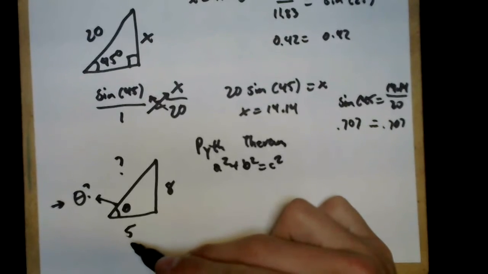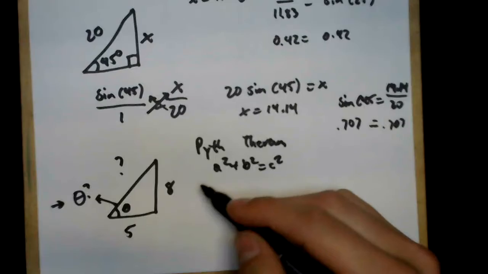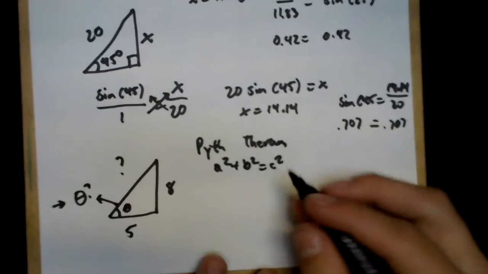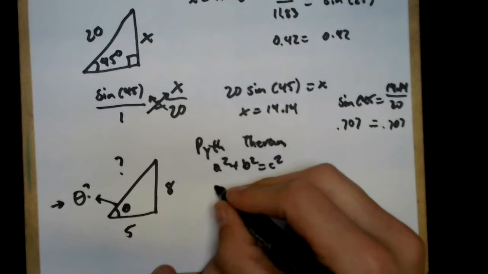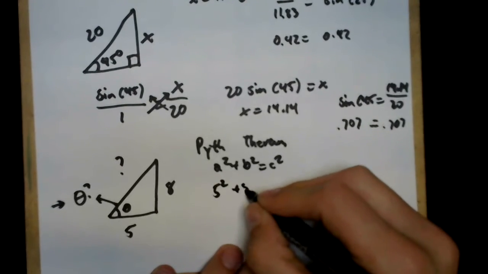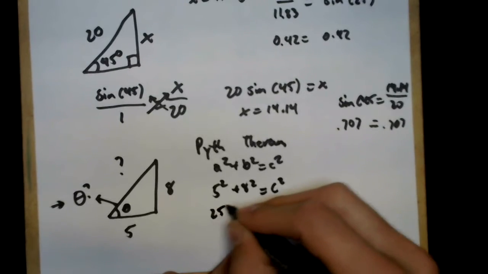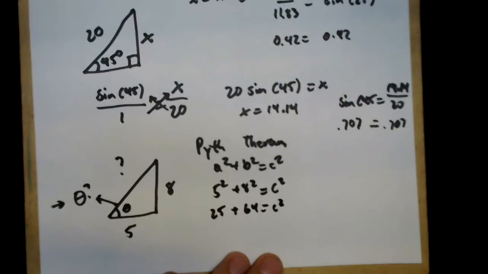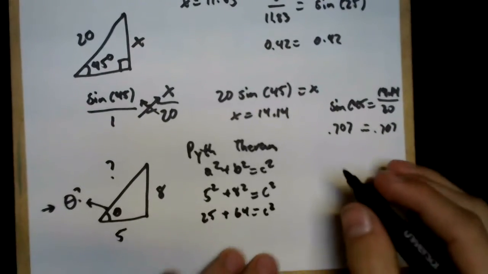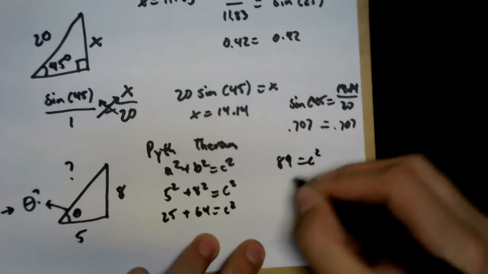Usually I like to do a being the smallest, then go up to b being the middle one. So we'll say that 5 squared plus 8 squared equals c squared. Compute that out, that is 25 plus 64 equals c squared. 25 plus 64 is 89 equals c squared.